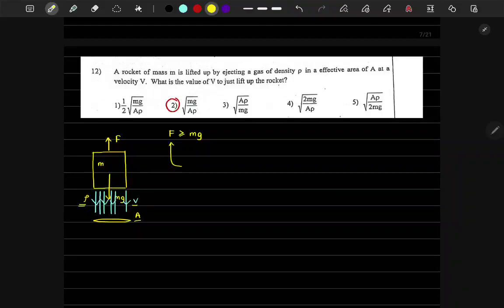Now how can we do this? Actually, how does this lifting force occur? When this gas is ejected, there is a change in momentum occurring in the system. There is a change in momentum of the gas downwards, then there should be a change in momentum on the rocket upwards.